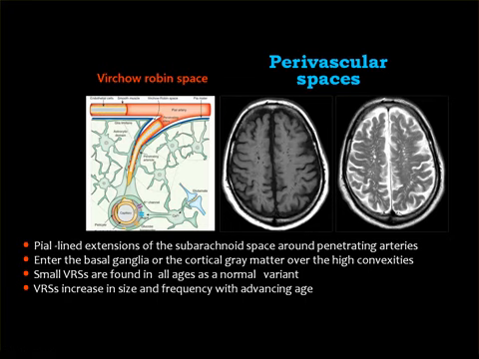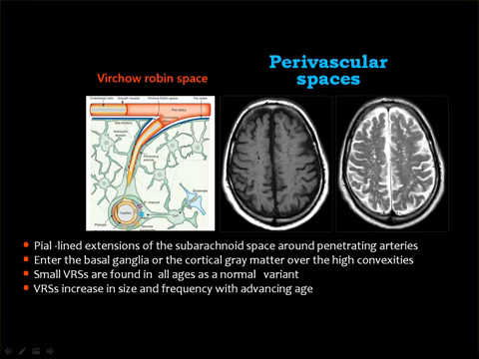Then the perivascular spaces, or known as Virchow-Robin spaces, are the CSF space accompanying the penetrating vessel through the brain substance. And if you cut this horizontally, then you got many foci in the white matter that are filled with CSF, showing low signal in the T1 and high signal in the T2.